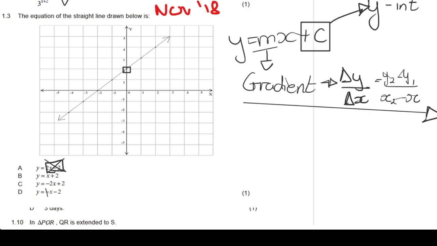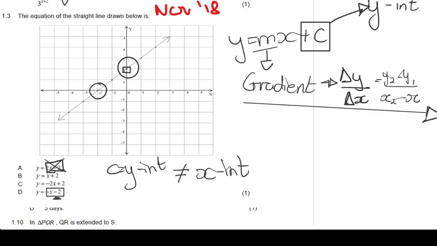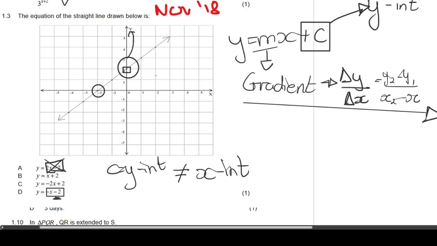And so is this one, because these are negative 2's. Remember, the c is equal to the y-intercept. It is not equal to the x-intercept. Remember, this here is the y-intercept and this here is the x-intercept. Y-intercept because it's on the y-axis, x-intercept because it's on the x-axis.